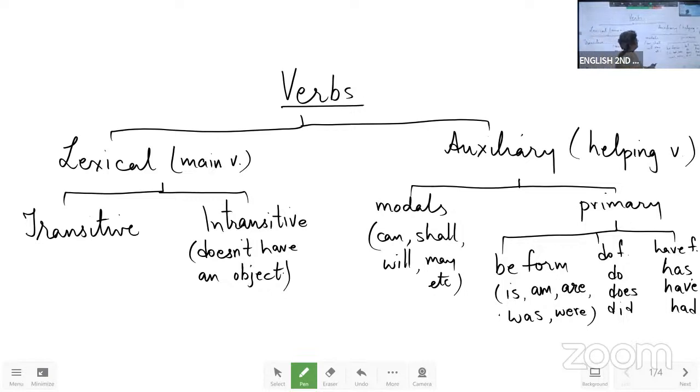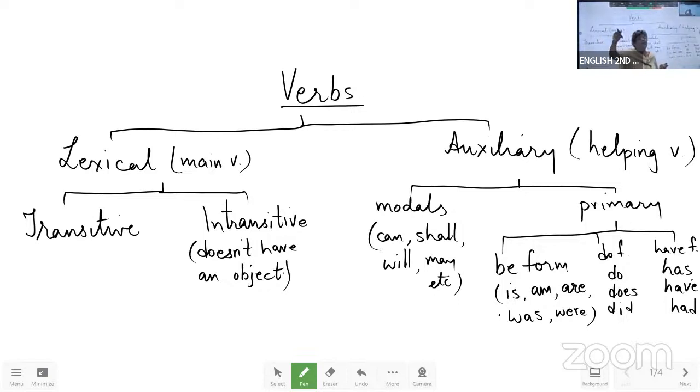Now coming to auxiliary, they are divided into two. One are modals and one are primary. Modals are can, could, shall, should, will, would, may, might, need, dare, etc. While primary is again divided into three: be form, do form, have form. Like I said, in your verb patterns, you come across intransitive sentences and the be forms. Please make sure you know what an intransitive sentence is very clearly.